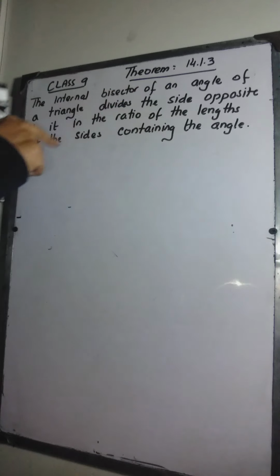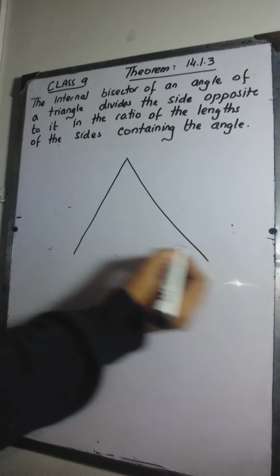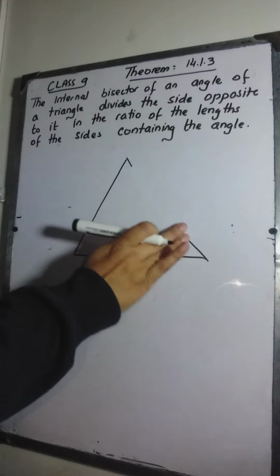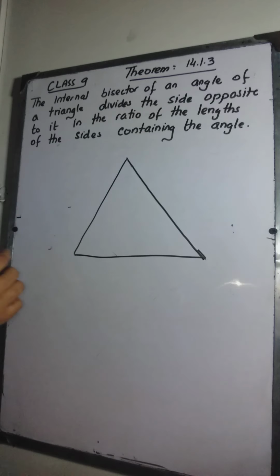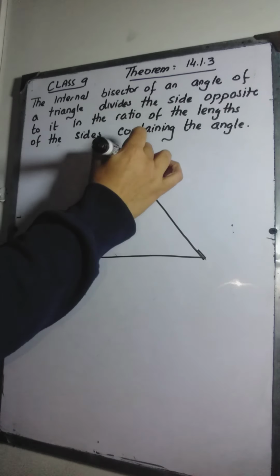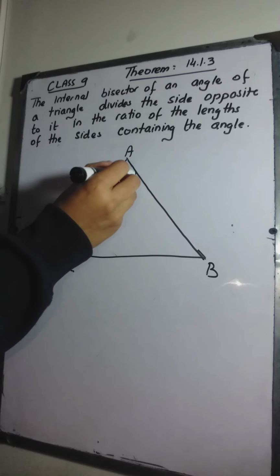Theorem 14.1.3 states that the internal bisector of an angle of a triangle. So you have a triangle, you take an angle of that triangle and you bisect that angle. Here we have a triangle, let it be ABC, and we are talking about the bisector of an angle.